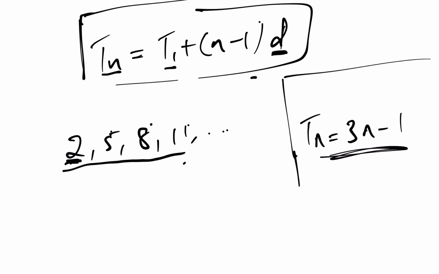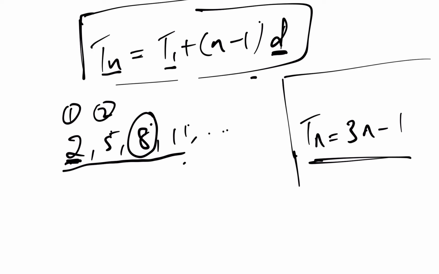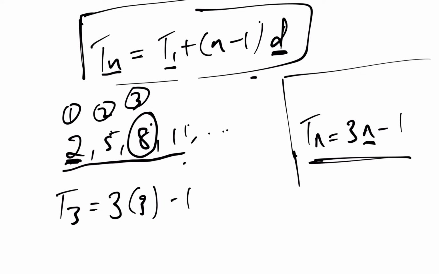The easiest part is, because now I've found the general formula, you can just test. Let me test with this 8. I want to use this formula and confirm whether for term number 3 I will get 8. This is term number 1, remember, this is term number 2, this is term number 3. So for term number 3, I say 3, where there's n, I plug the 3, then minus 1. 3 times 3 is 9 minus 1, that's 8. So of course term number 3 is 8.